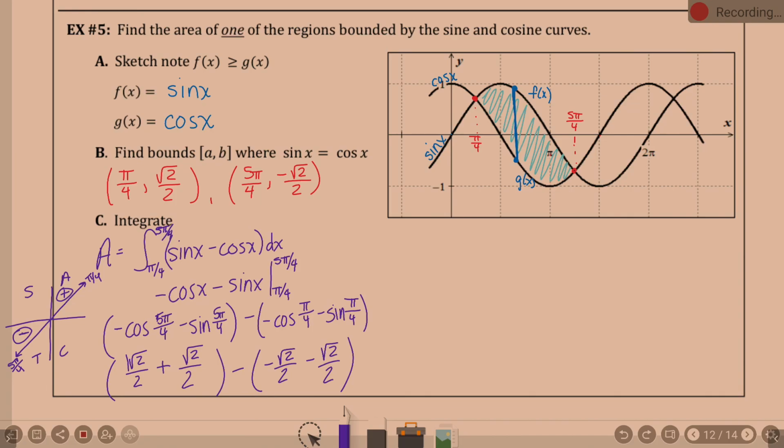So in that first parenthesis we have square root of 2. Over here, negative 1/2 minus 1/2 is going to be a negative 1, so negative square root of 2, but we also have the minus sign in between, so square root of 2 plus square root of 2 is two.